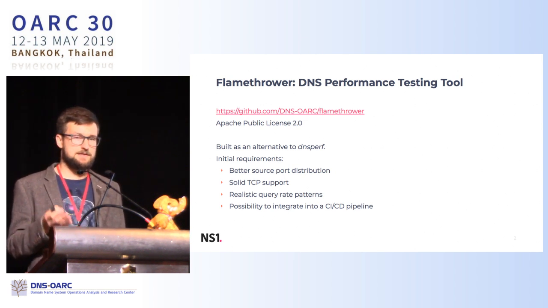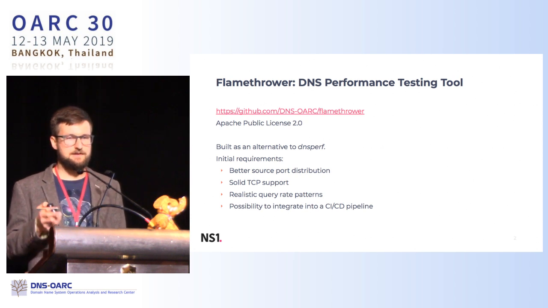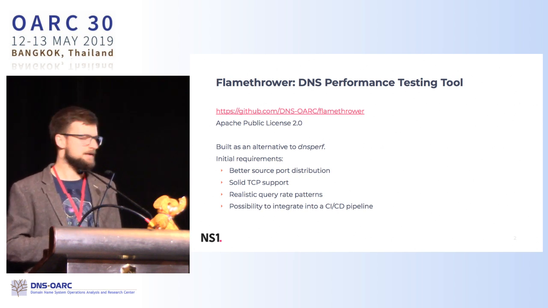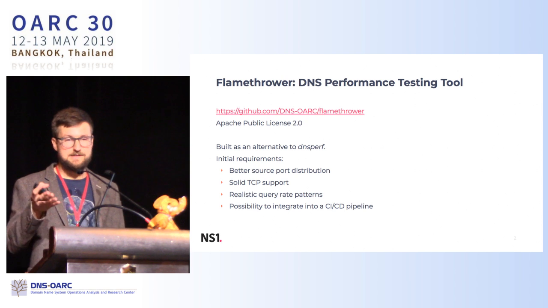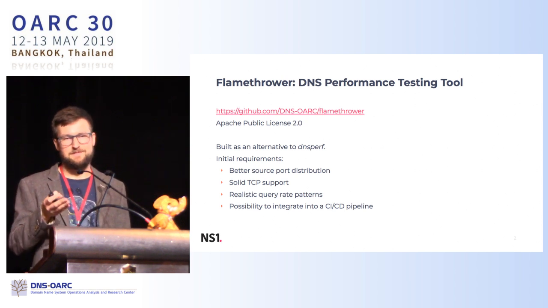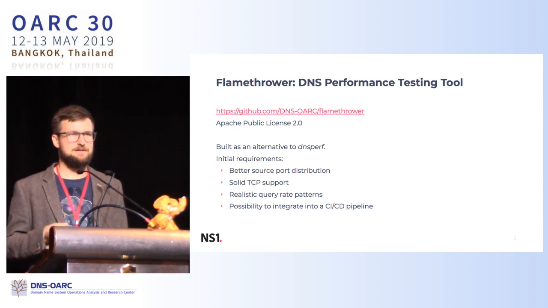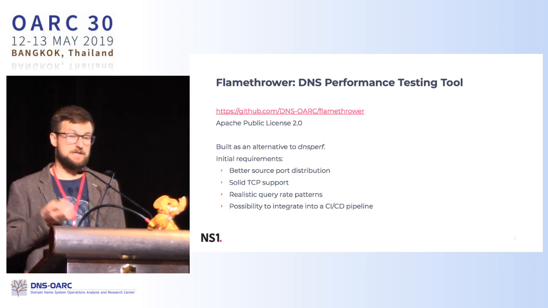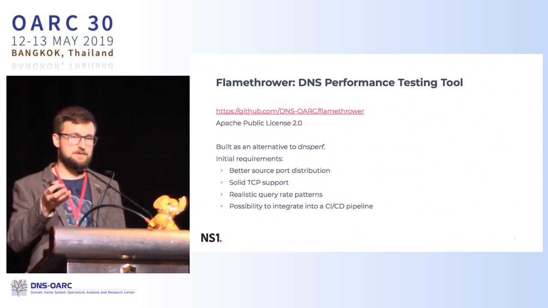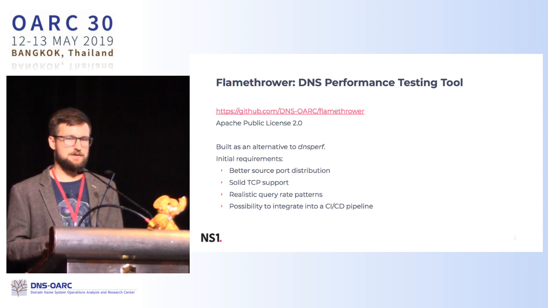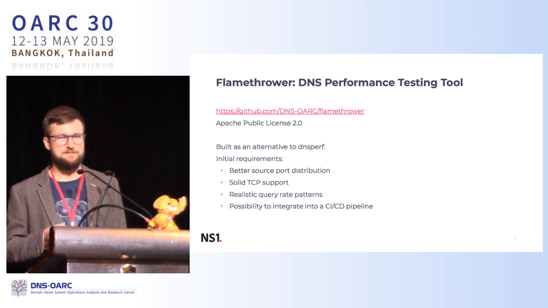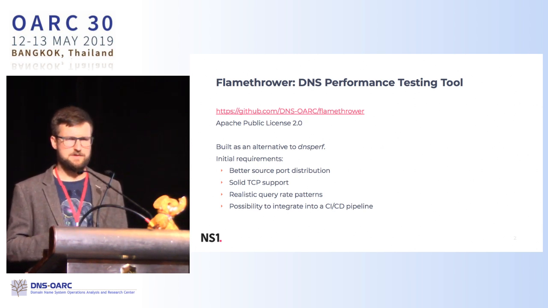So huge thanks. We are very grateful to DNS-OARC that they accepted this project. And so now it lives in the same space where other fine DNS testing tools can be found, including, for instance, DNSPerf, which moved to DNS-OARC about 2 weeks after Flamethrower was open sourced.